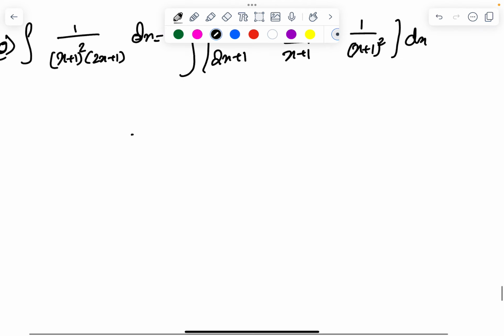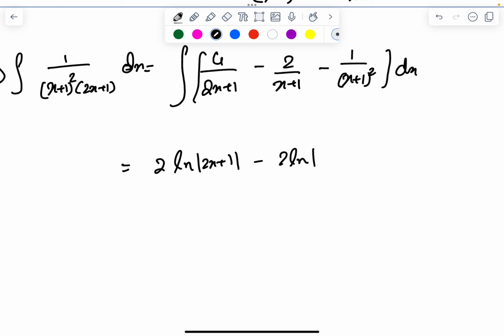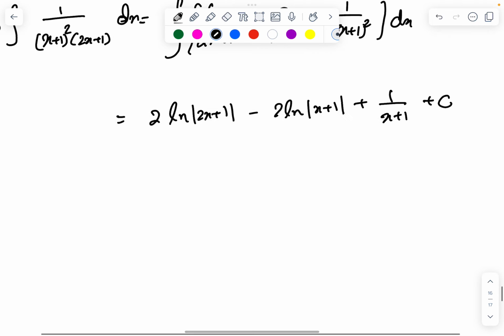So this becomes 2 ln of 2x plus 1 minus 2 ln of x plus 1 plus 1 upon x plus 1 plus c. That's going to be the answer.